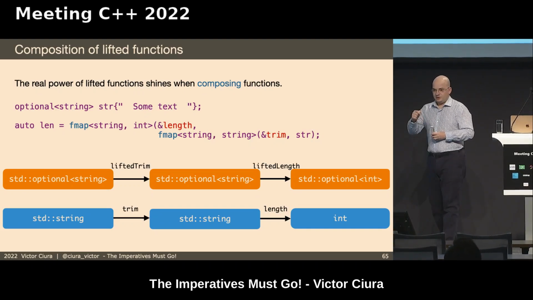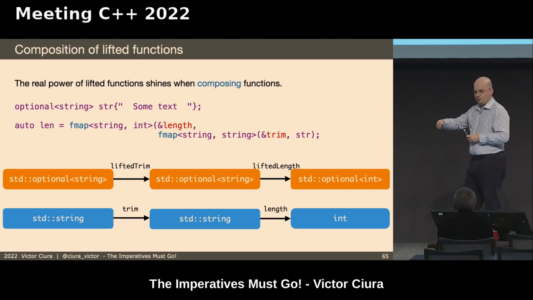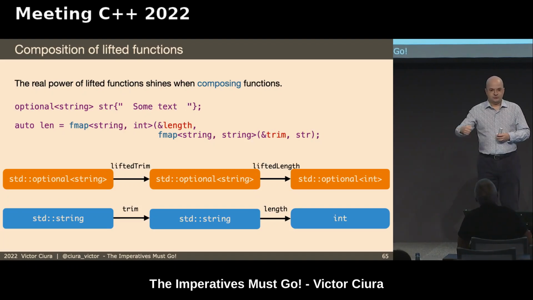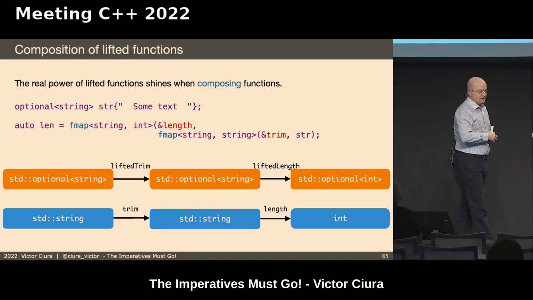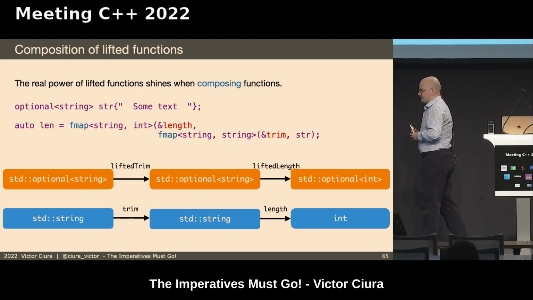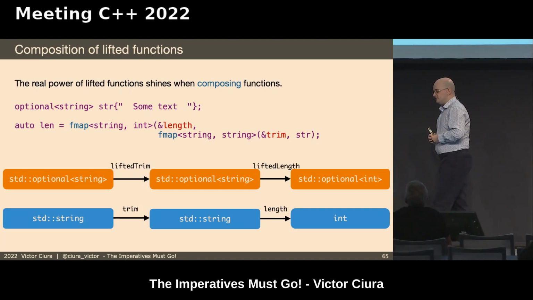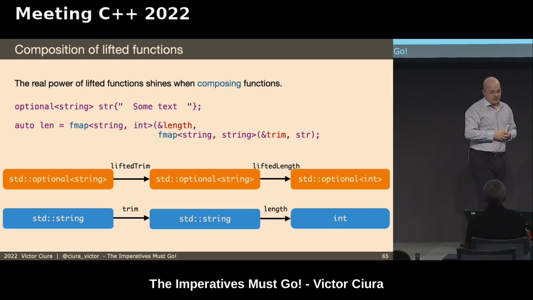So at each step, we might have a failure to produce the result. Trimming might not yield a result, or length might fail. Of course, these are trivial examples, but I want to build an intuitive feel about this.